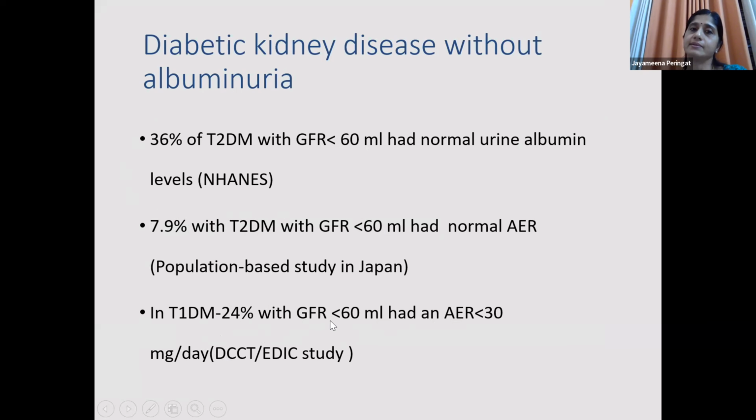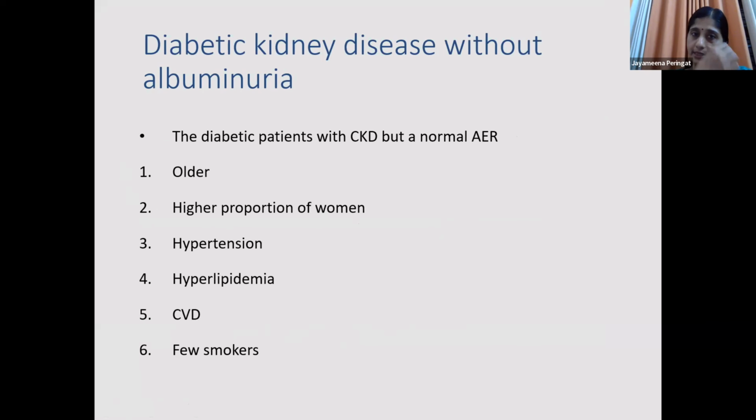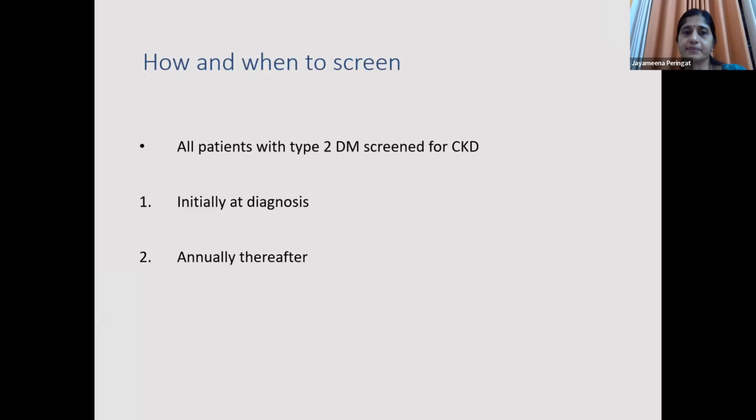So there is an entity where you can have diabetic kidney disease without albuminuria. Whom do you see it in? It is seen in an older population, higher in women, and more in hypertensive individuals with dyslipidemia or other macrovascular complications like cerebrovascular disease, and the smoker numbers are few.